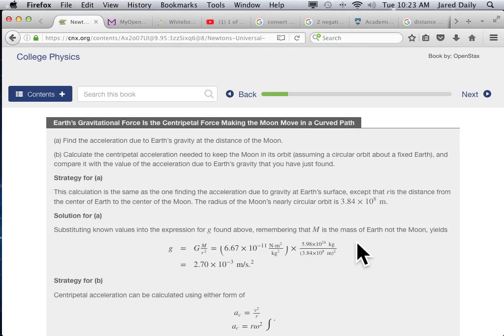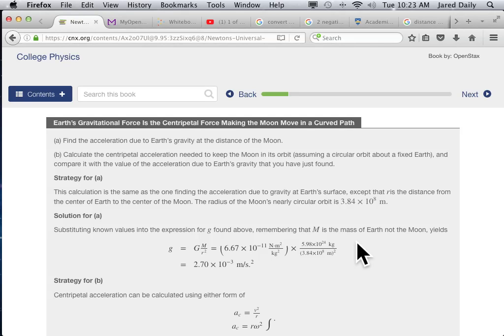And they get this 5.98 times 10 to the 24 divided by the radius squared up there. And it gives you 2.7 times 10 to the minus 3 meters per second squared. Not very much acceleration to feel that far away from the Earth, right?